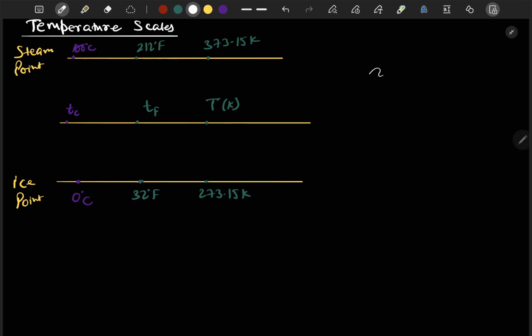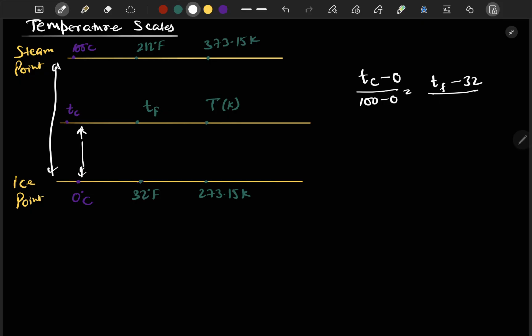Let's say Tc minus 0 upon 100 minus 0. This difference upon this difference we will equate for both the Celsius and Fahrenheit scales. So Tc minus 0 upon 100 minus 0 is equal to Tf minus 32 upon 212 minus 32.